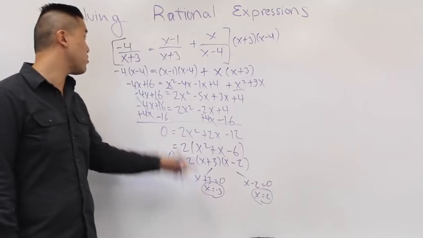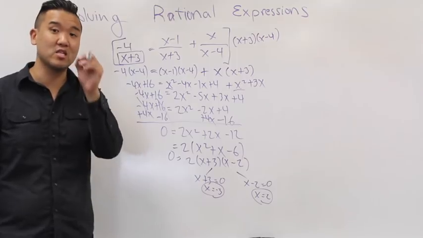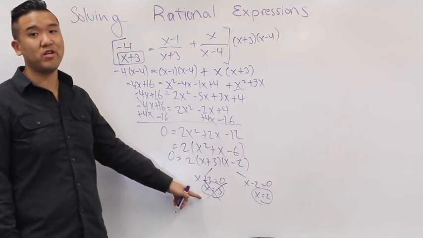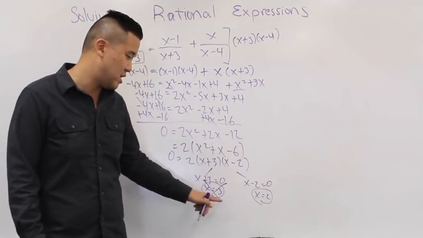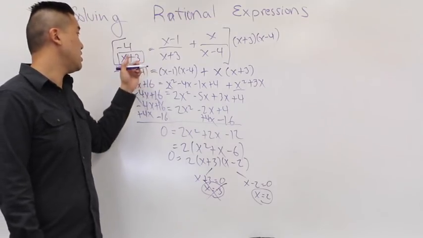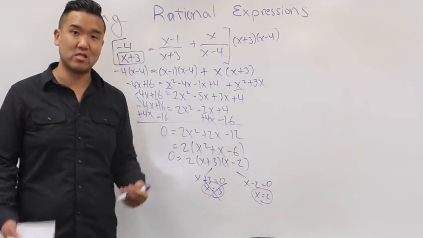We find out negative 3, if I plug it here, what is negative 3 plus 3? That's 0. Because it's become 0, it all fails. Negative 3 is your extraneous solution, so I cross that out, and then 2 is my only one that works. You could try 2 here, it becomes 5, plug in 2 here, it becomes 5, plug in 2, you get negative 2. That solution works.